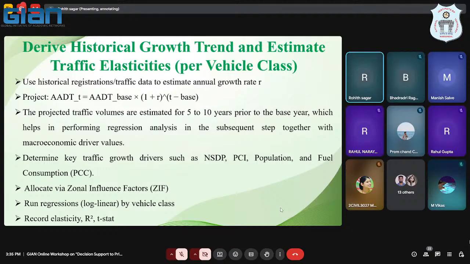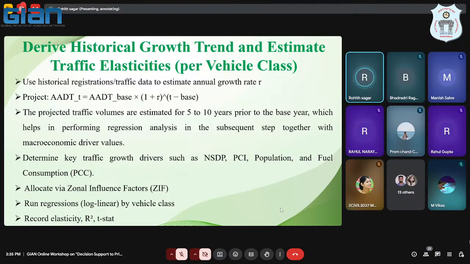So what we have to do is we need to backcast our base year ADT data to earlier years, that is 2010 or 2015, from our base year of 2020. So we have to back calculate that ADT data, not by assuming, but by taking some historical traffic growth trend, or by taking vehicle registration numbers of a particular city or state.